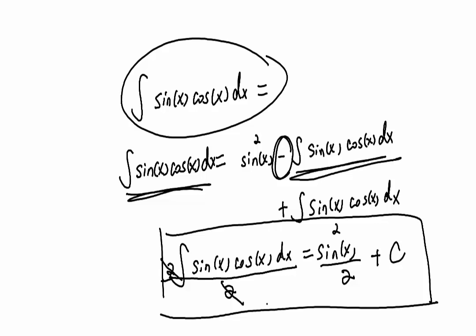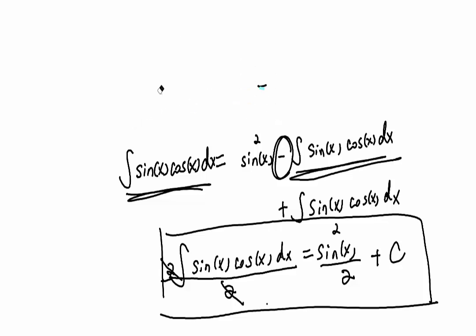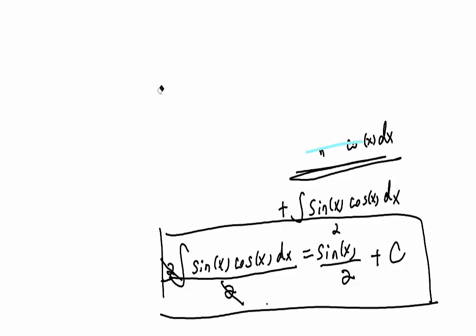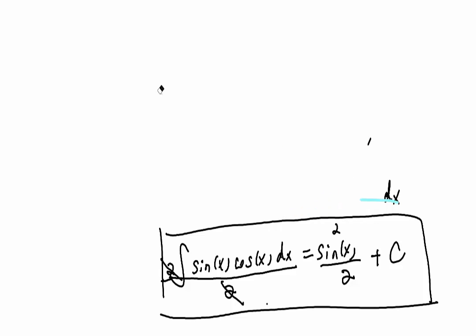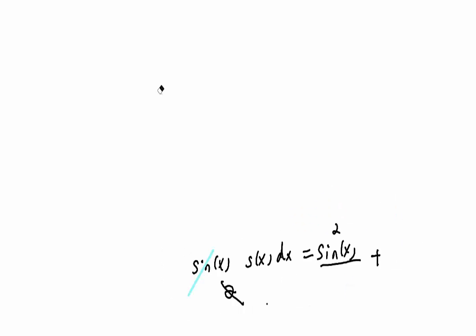Okay, let's see. Let's do something we've done before. Because as I said, a lot of problems we are able to do in different ways, right? The idea is we want to get rid of something. Integration by parts is able to help us.